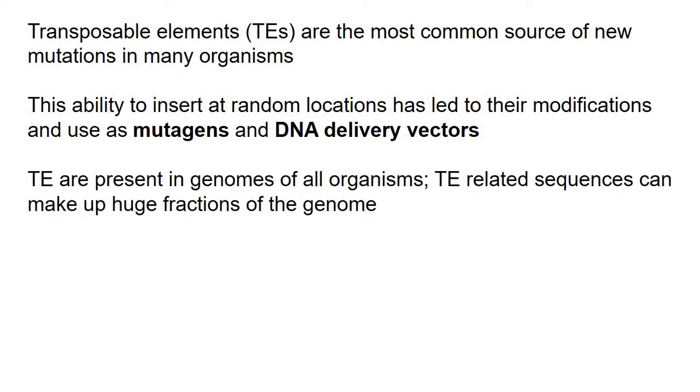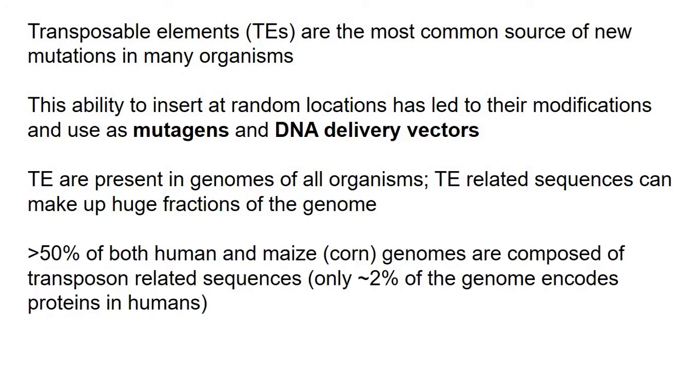These transposable elements, as I mentioned, are present in the genomes of all organisms, and they make up a large portion of the genome. More than 50% of both human and corn genomes are composed of transposable elements.